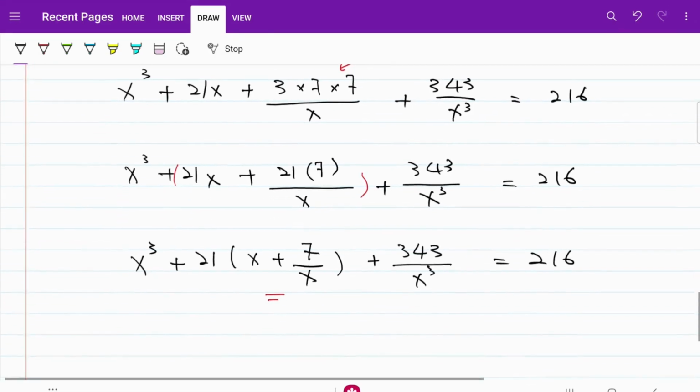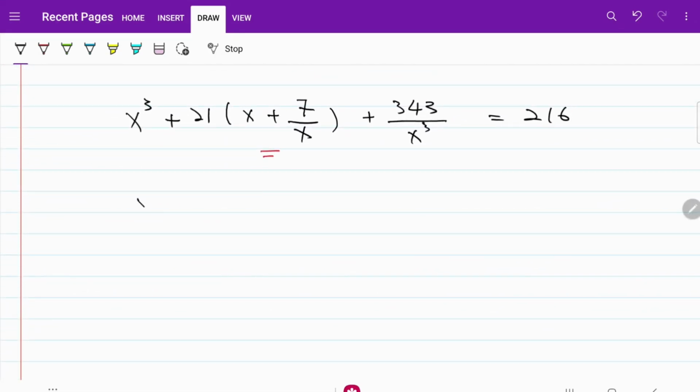So now my left hand expression can be simplified as x cubed plus 21 multiplied by 6, which is the value of equation 1, plus 343 over x cubed, and that's equal to 216.